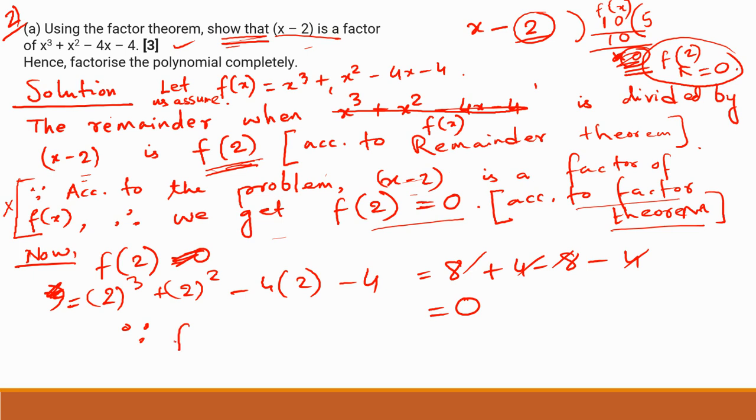Since f of 2 equals 0, that is the remainder when x minus 2 divides.